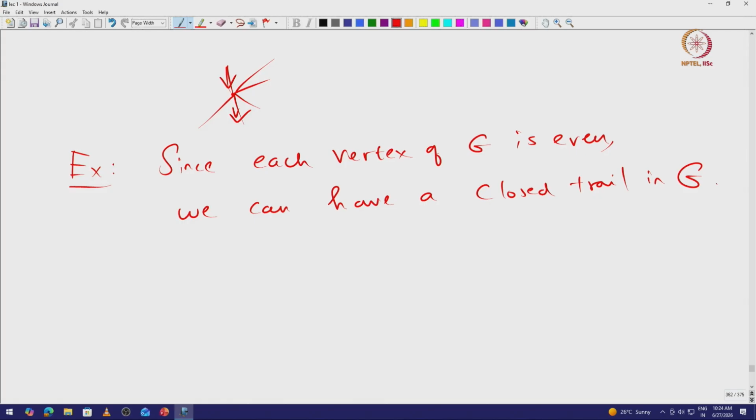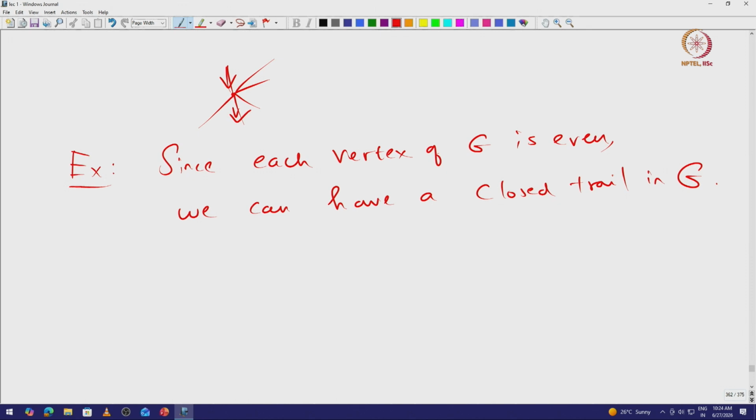So, you can actually induct maybe on the number of vertices or number of edges. It is not very difficult to prove this. Okay, so since each vertex has even degree, we have a closed trail in G.